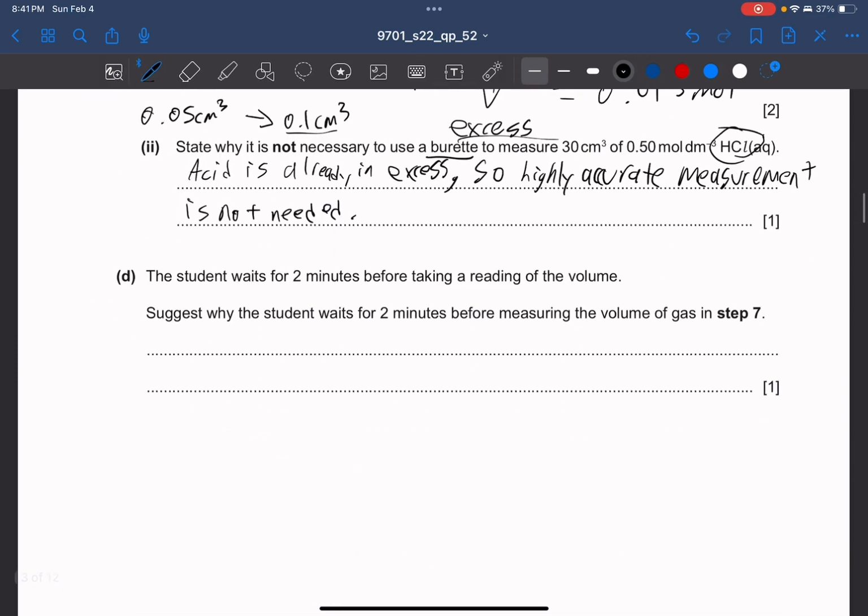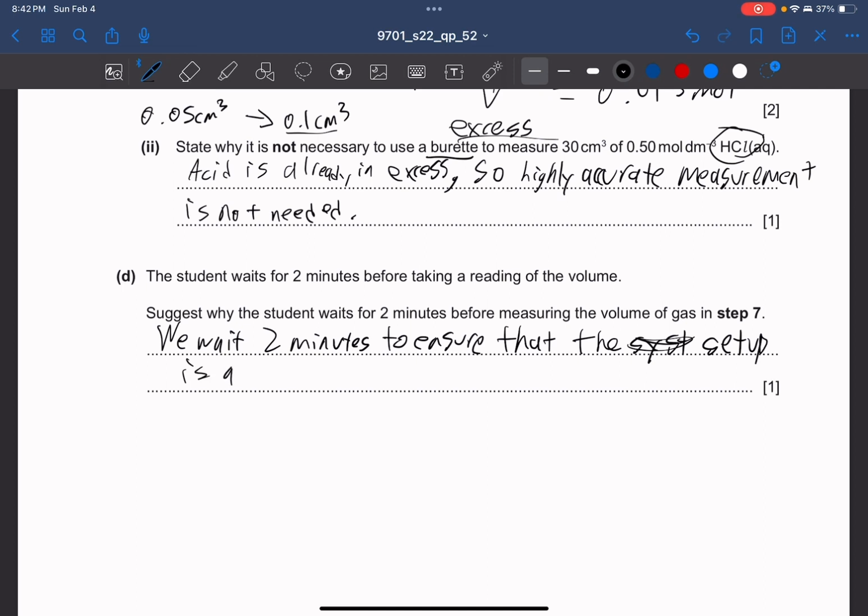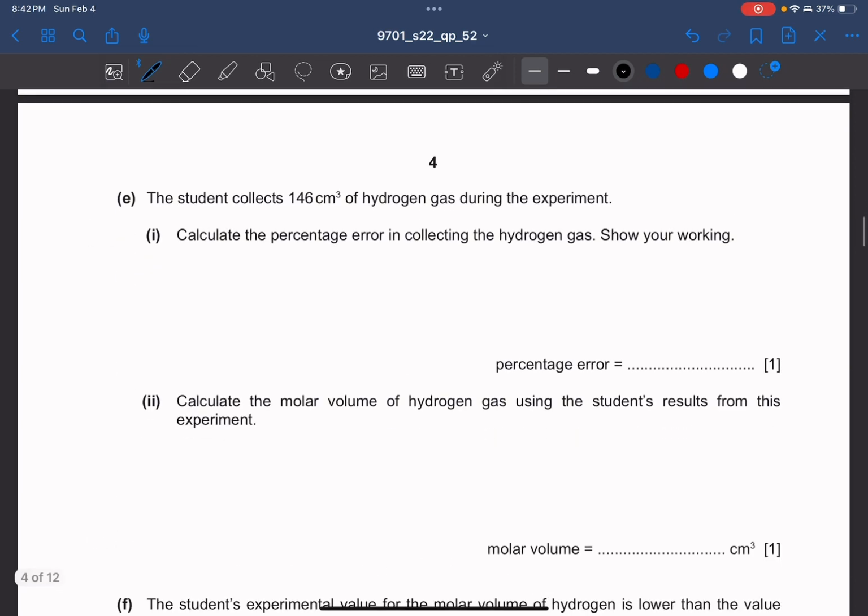So that means we wait 2 minutes to ensure that the setup is at room temperature. Setup and gas, actually, because what we're measuring is the gas.